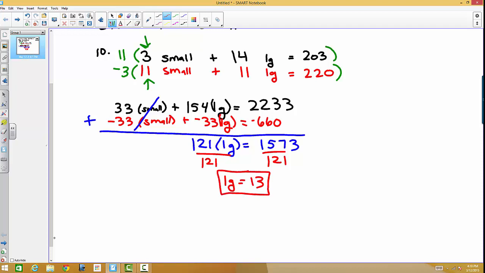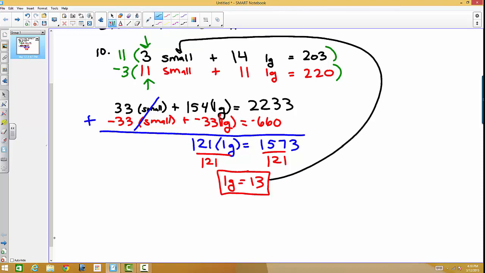Now, that's only half of it. We have to go back and figure out what the small oranges are. So the first equation looks a bit easier to work with. You're going to plug 13 in for large. So 3 times small plus 14 times 13 is 203. So 13 times 14 is 182.